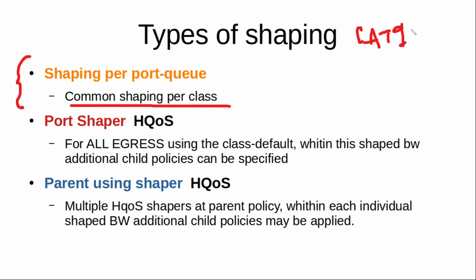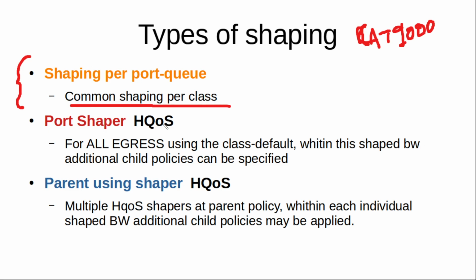Remember that we are going to talk about Catalyst 9000 features here. Shaping per queue lets you have one class with a shape average command, another class with a shape average command, and another class map with a shape average command, and so on. So this is just typical normal shaping.